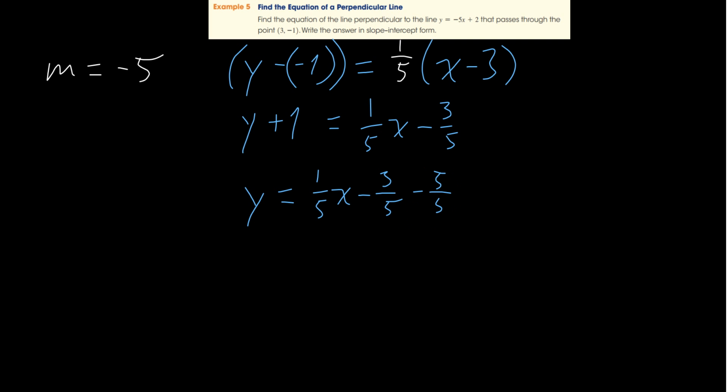So I get 1/5 x minus 8/5. This is the equation of a line that is perpendicular to this equation, and it passes through the point (3, negative 1).